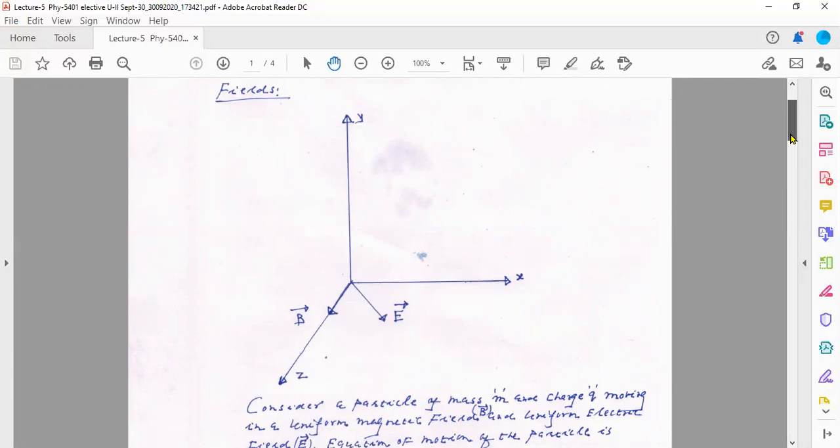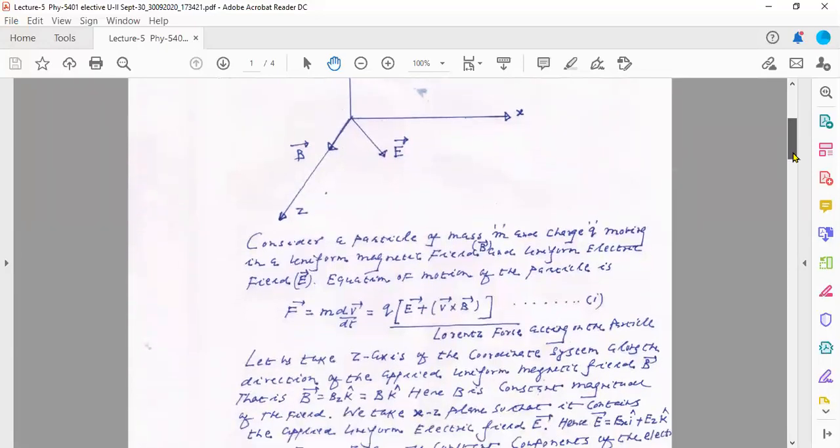And so you see here in this case, a particle experiences a Lorentz force. You can see this equation I wrote here, that the particle experiences a force, and this is mass into acceleration. So I write the rate of change of velocity, that is m into a, and the right hand side of this equation, because we have the combined field, electric field and magnetic field together, the particle experiences a Lorentz force.